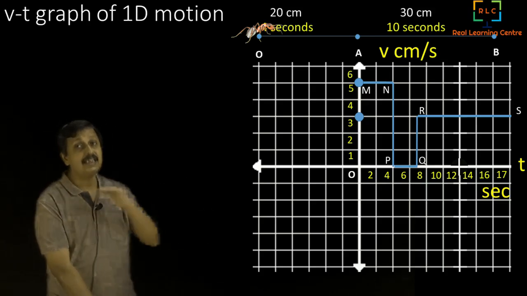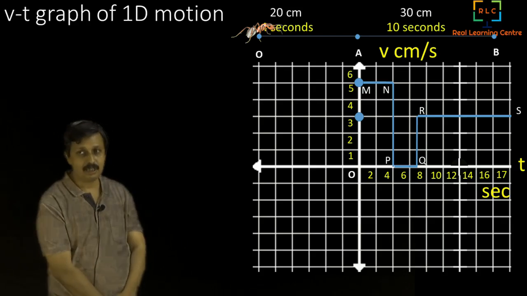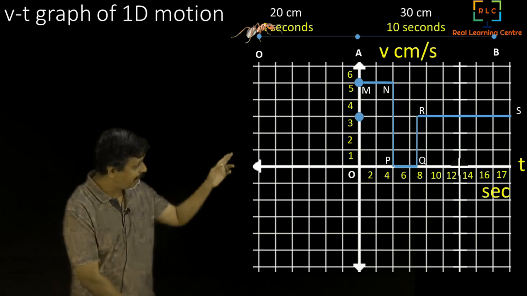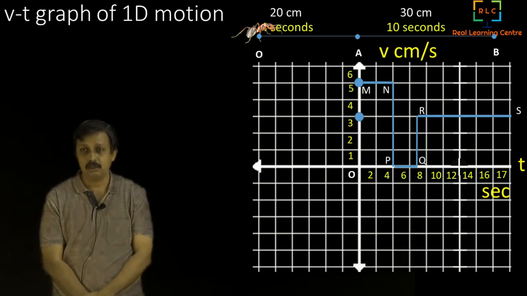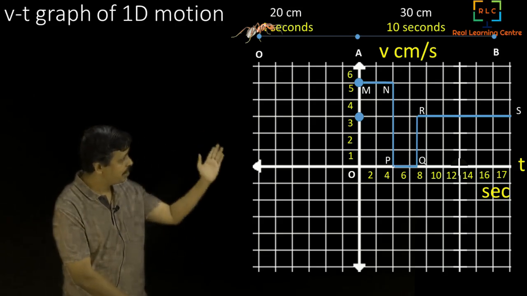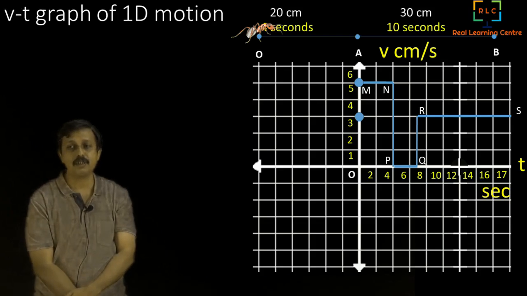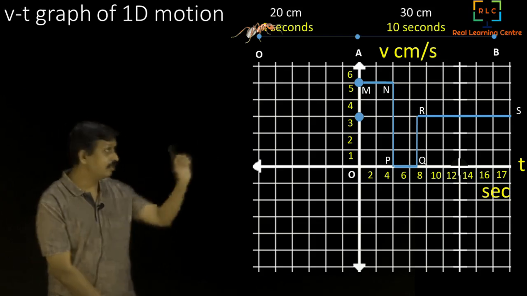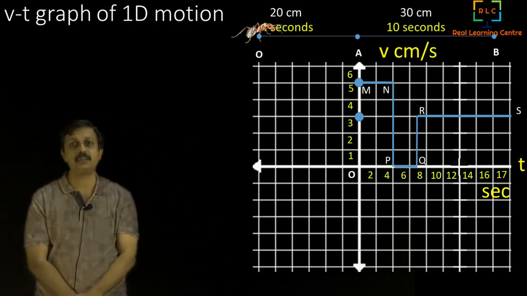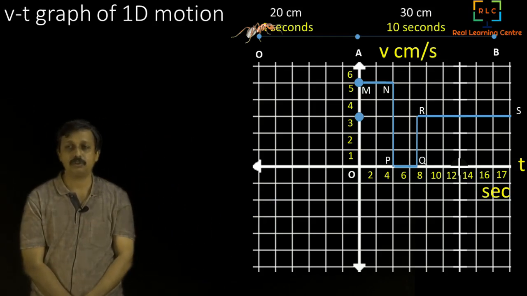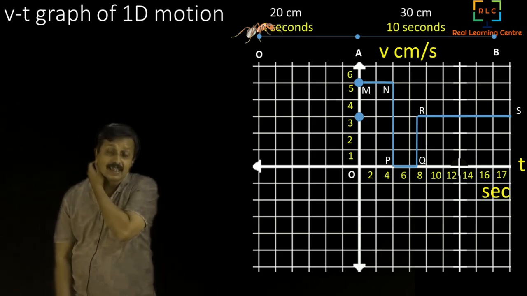So 3 centimeters per second is its velocity, and with that velocity it will start moving from R. RS signifies its movement from A to B. RS is always showing 3 at every point. It is not changing. Its speedometer stands still at 3 centimeters per second.